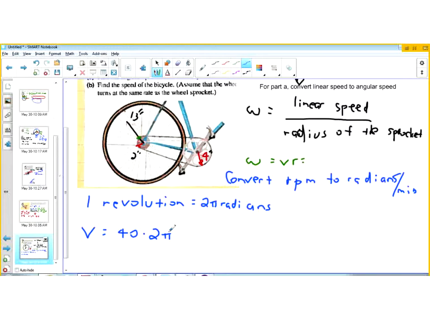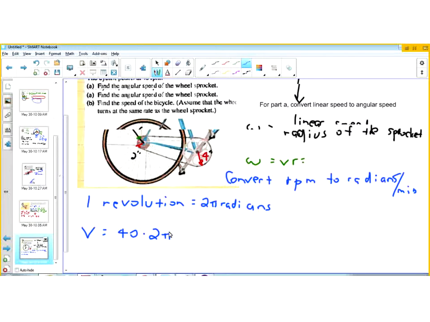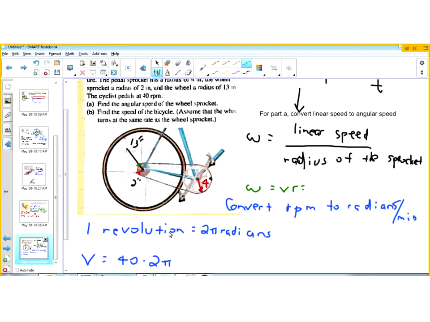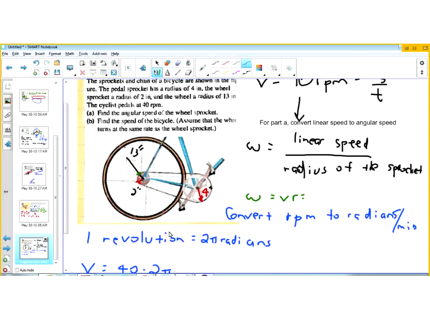Is that right? Let me see here. 40 revolutions per minute. There's a technical point here I'm not seeing. One second, let me pull a reference here.